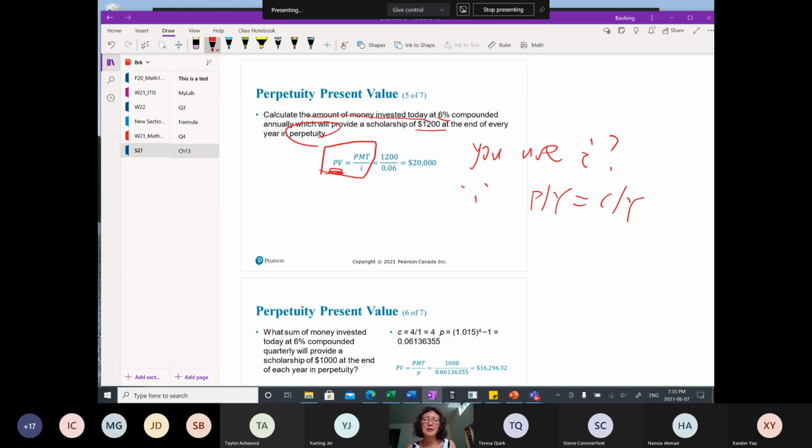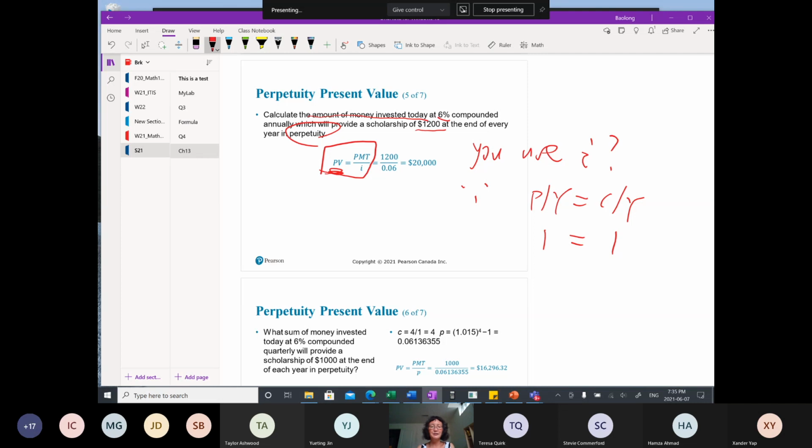PY means number of payments per year. PY equal to 1. CY, interest compounded annually, 1. PY equal to 1, CY equal to 1. Okay, so present value equal to PMT over I. PMT is 12,000, I is 0.06.